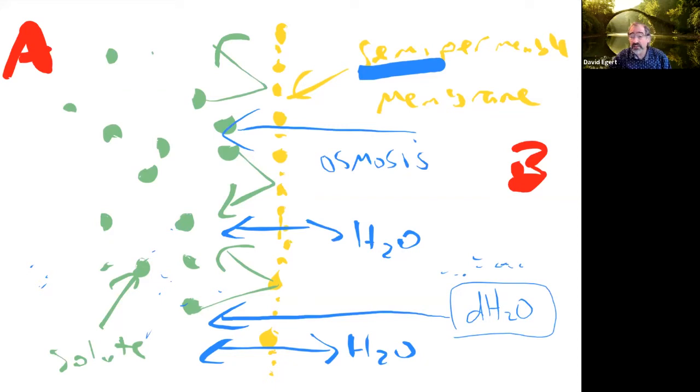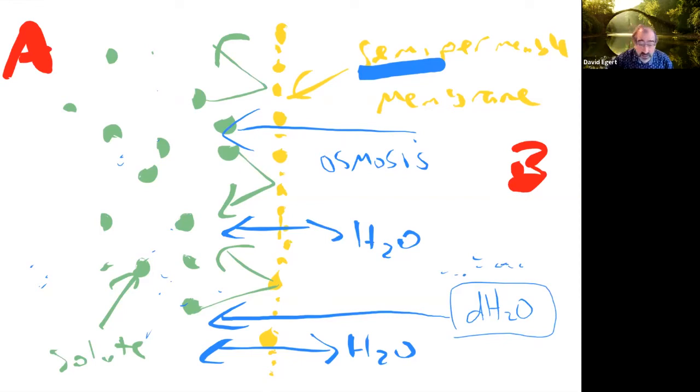I have to say, though, it's much more intuitive for me to think about the saltier side drawing in the water. Maybe it's because when I was a kid, I did the unfortunate thing of sprinkling salt on a slug and watching the poor little guy shrivel up and realizing, oh, salt draws water out of things.